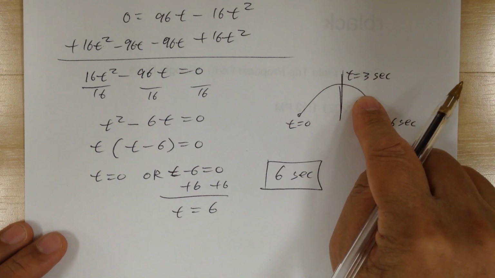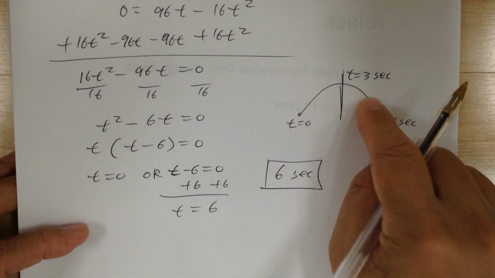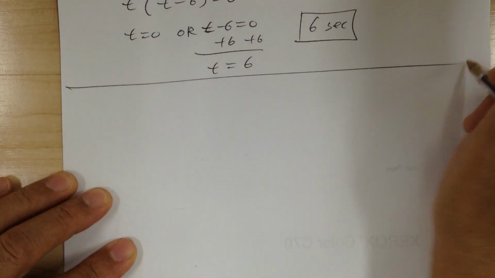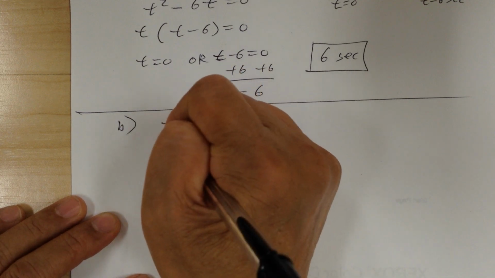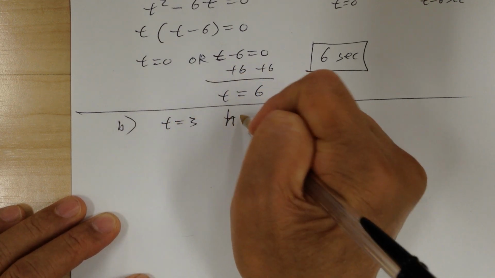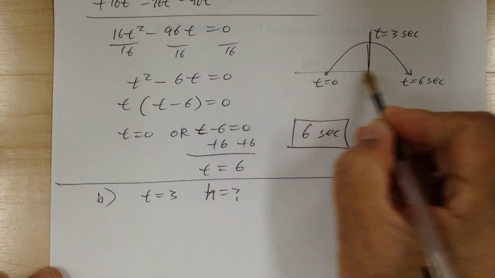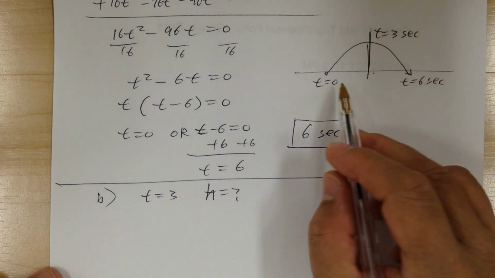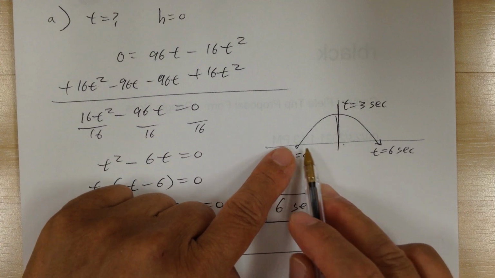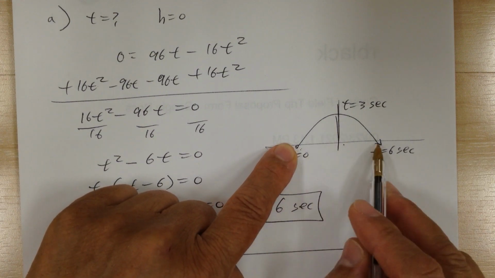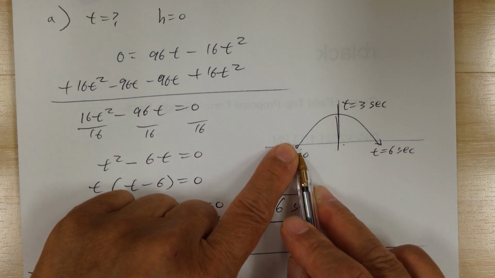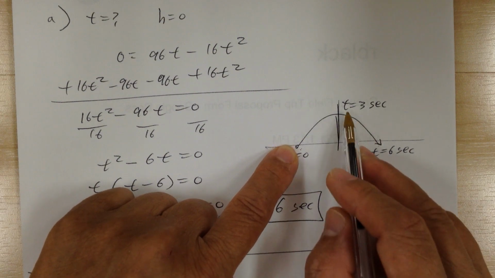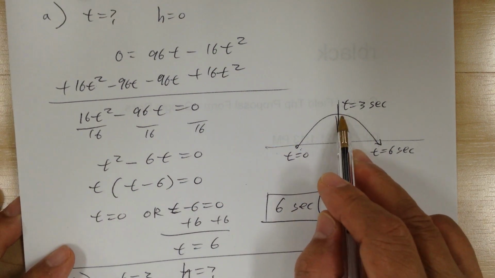So for part B, T equal to 3, and you're looking for the height. The maximum height is between the start and the end. You start at 0, it's in the air for 6 seconds, so you're going to reach the maximum height at 3 seconds.